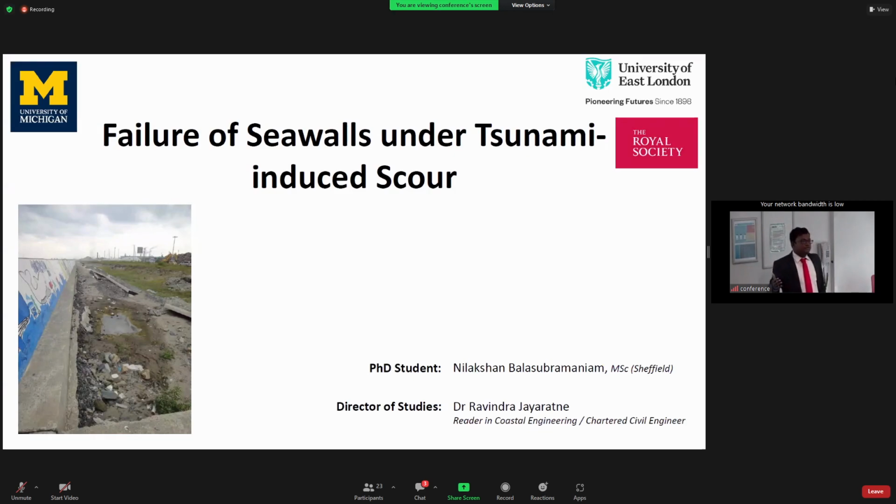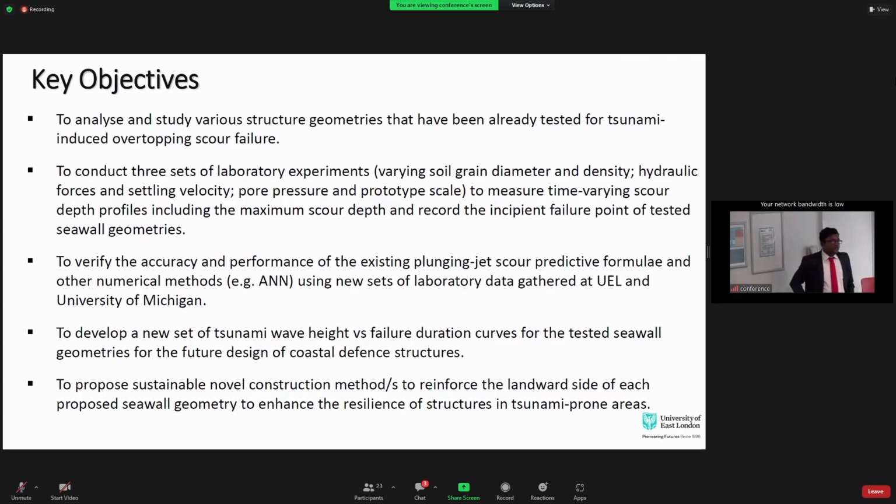Post-disaster tsunami surveys indicated that these failures happened because of scouring on the leeward side of the structure. So we decided to investigate this more and propose a new model to find how much scour we get from tsunami-induced overtopping.